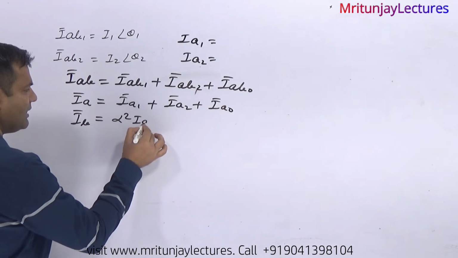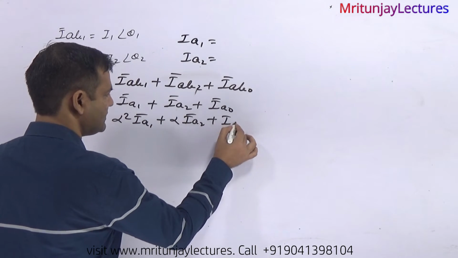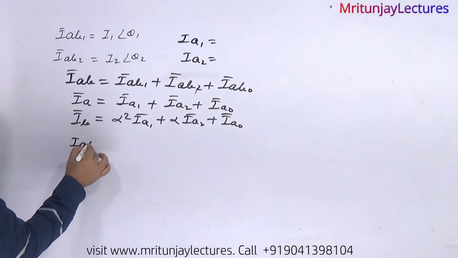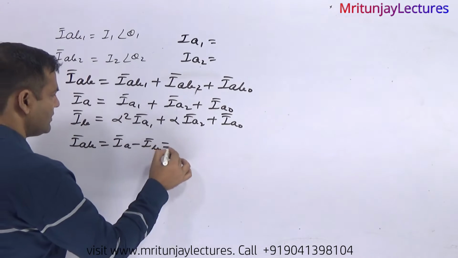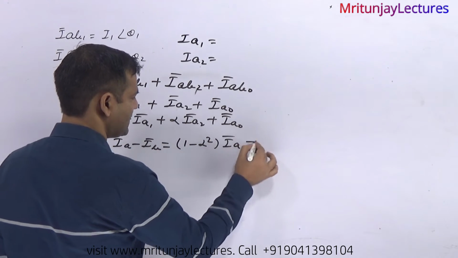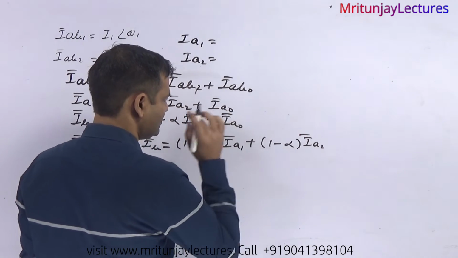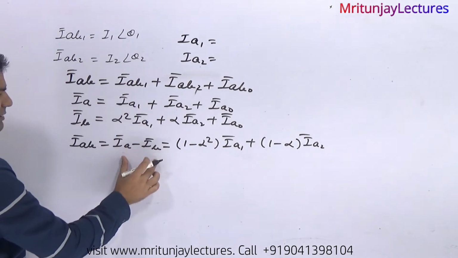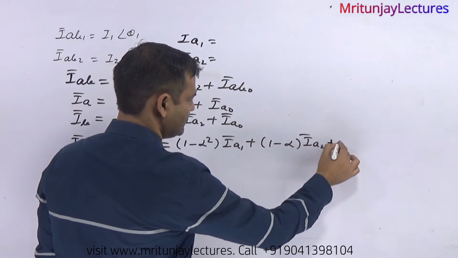That is alpha square IA1, alpha IA2 and IA0. So what about IAB? That is IA minus IB. Clear? So 1 minus alpha square, that is IA1, 1 minus alpha, that is IA2 and this value is 0. Compare this one and this one, and that is 0.